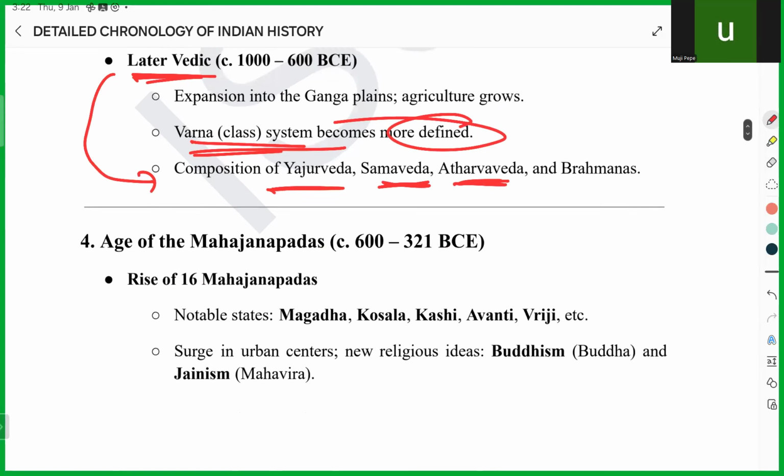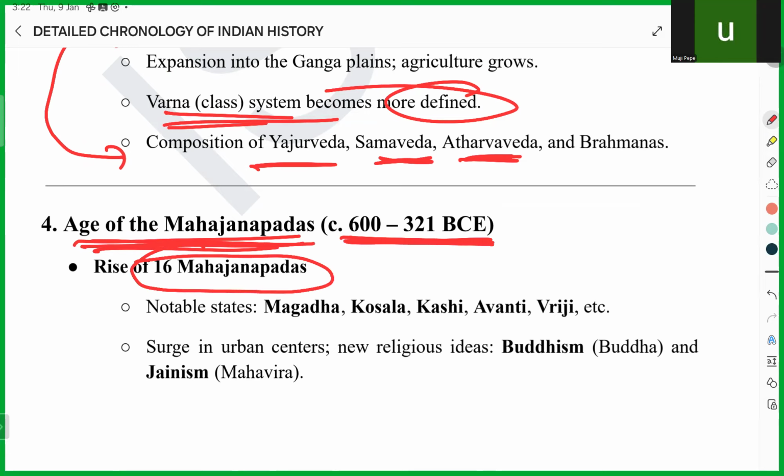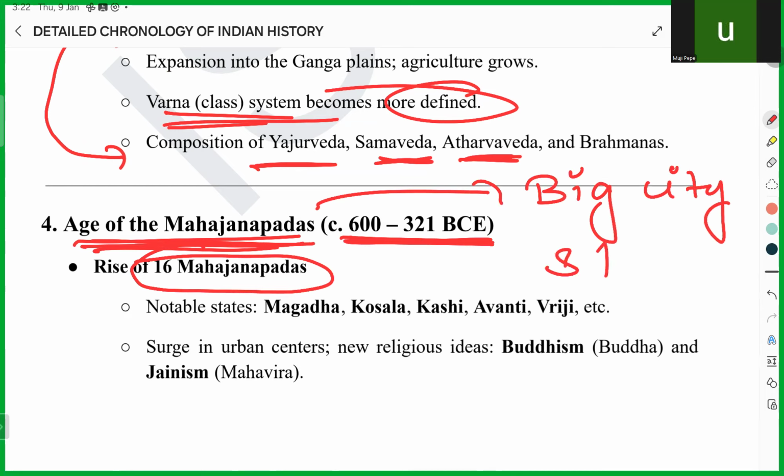After the Vedic age came the age of the Mahajanapadas. It was from 600 to 321 BCE, and this led to the rise of 16 Mahajanapadas. The Mahajanapadas were big city states.